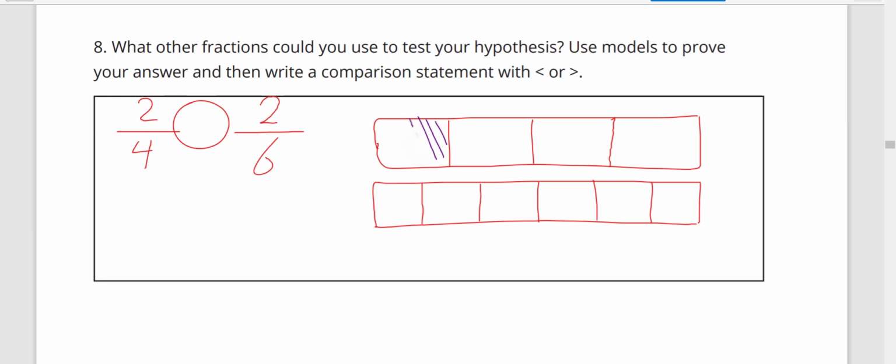And the second model is divided into 6 equal parts and 2 parts are shaded.